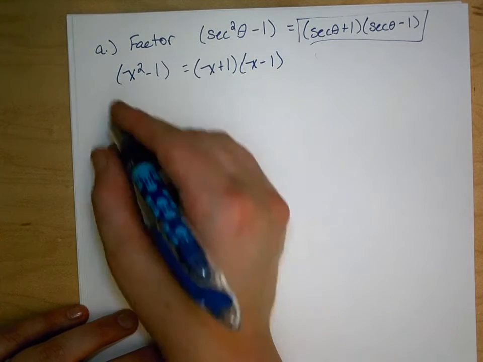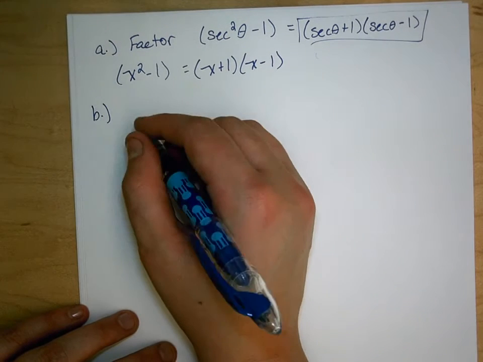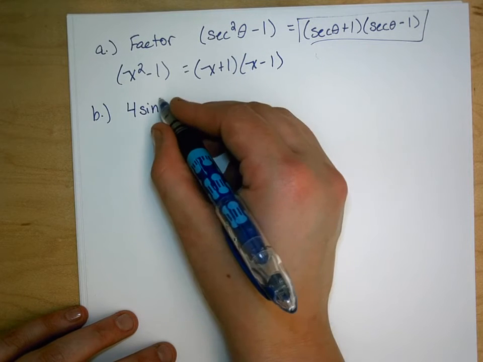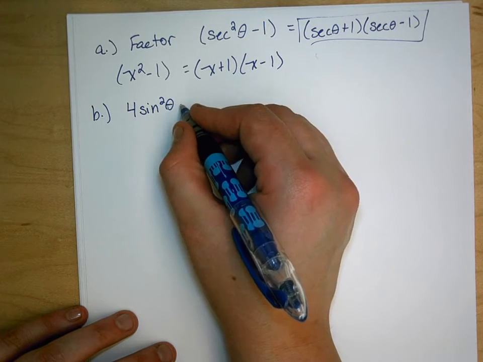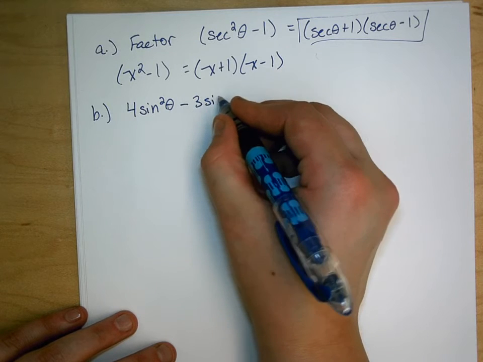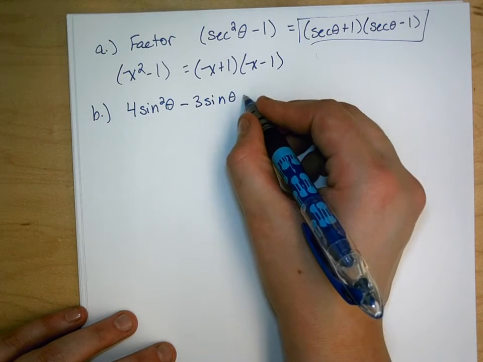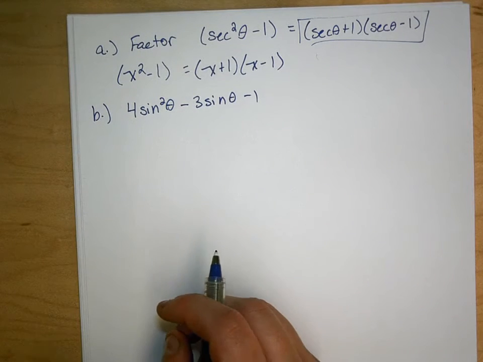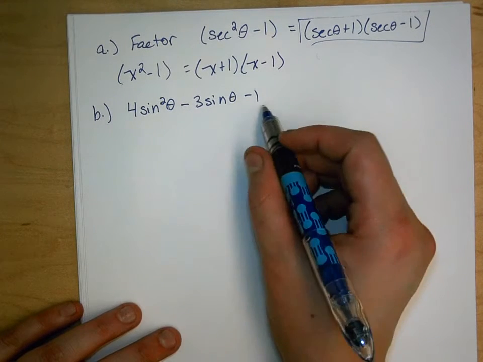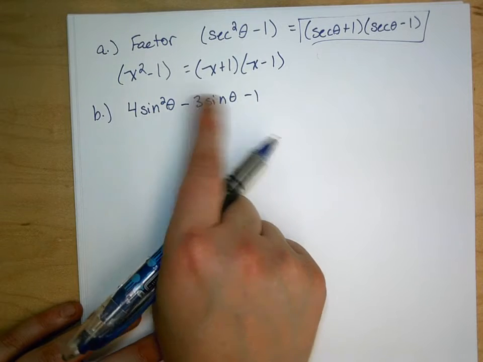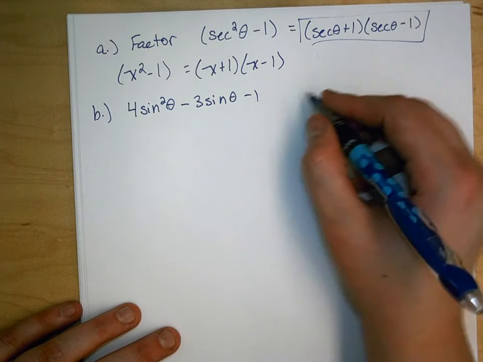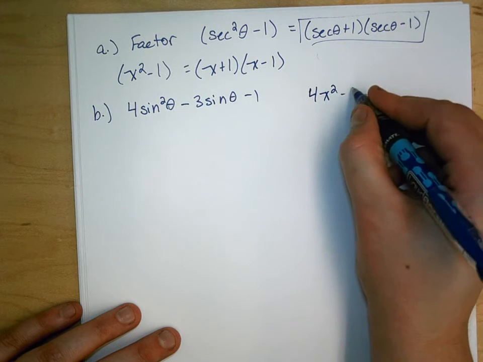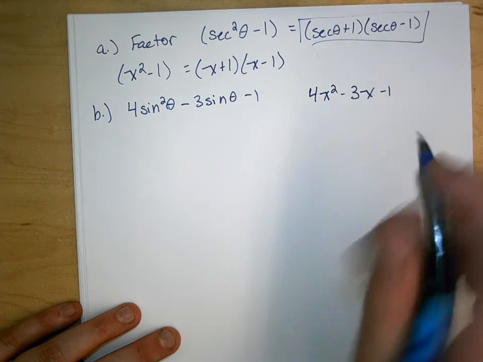Okay, now what if I was asked to factor something like 4 sine squared theta minus 3 sine theta minus 1? All right, that looks a little intimidating. I don't know about you guys, looks a little scary to me. So again, what you can do is just let sine equal x, and you can rewrite it as 4x squared minus 3x minus 1.